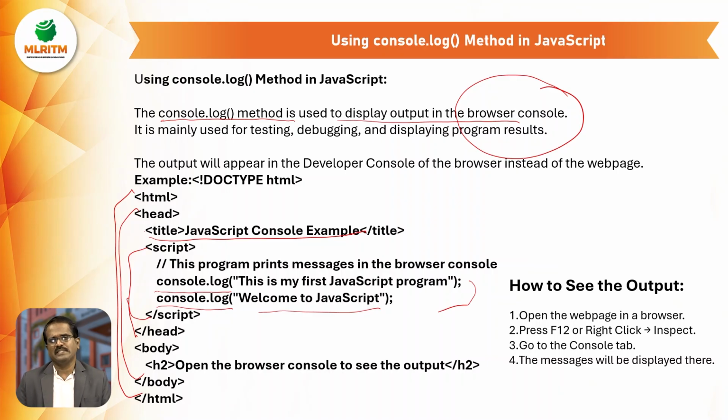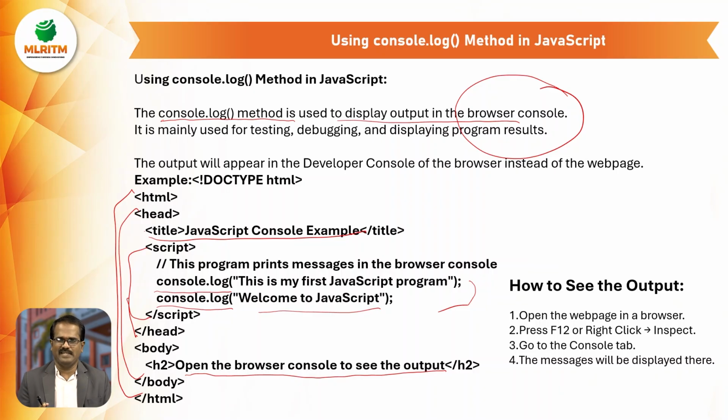How can we execute this? First of all, we need to write the entire script in Notepad. After that, we need to save it as HTML. After that, we need to run it: double-click on the HTML. After that, you are able to see a web page. In the web page, it shows, open the browser console to see the output. This message will appear on the screen. Then you need to inspect that element.